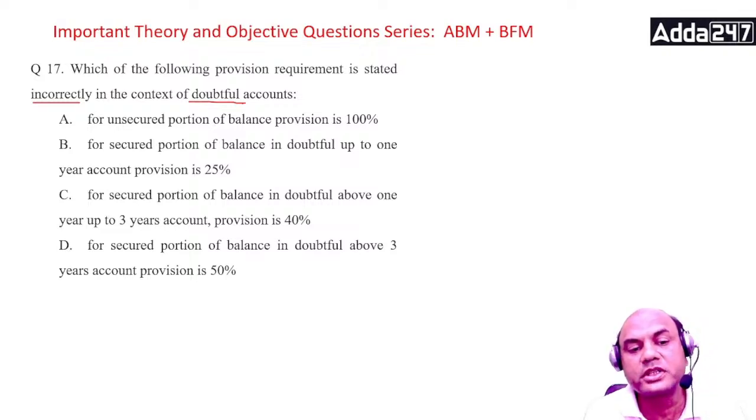For unsecured portion of the balance, provision is 100%. For secured portion of the balance in doubtful up to 1 year, provision is 25%. For secured portion in doubtful above 1 year up to 3 years, the provision is 40%. For secured portion in doubtful above 3 years, the provision is 50%.